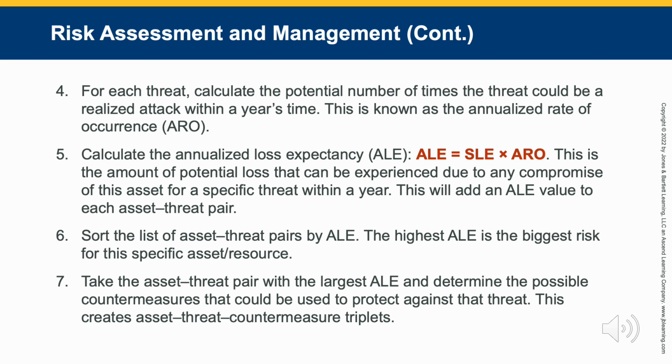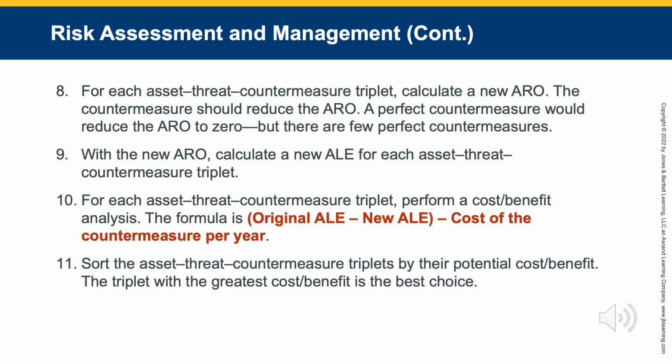Sort the list of asset threat pairs by the ALE. The highest ALE is the biggest risk for the specific asset resource. Take the asset threat pair with the largest ALE and determine the possible countermeasures that could be used to protect against that threat. This creates asset threat countermeasure triplets. For each triplet, calculate a new ARO. The countermeasure should reduce the ARO.